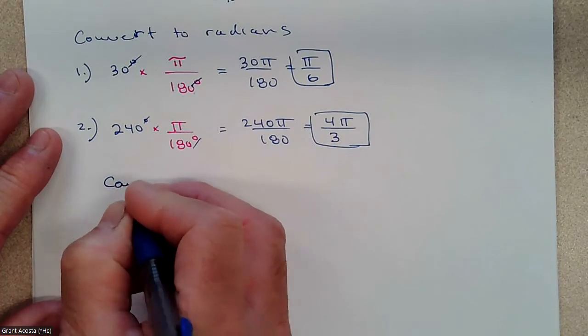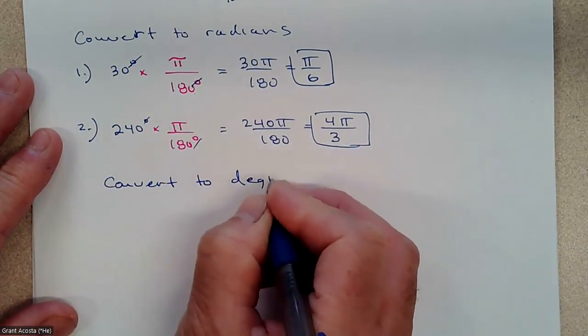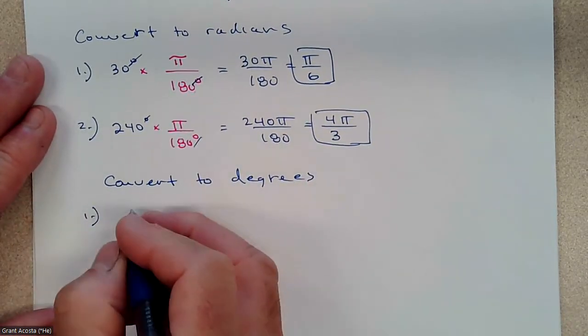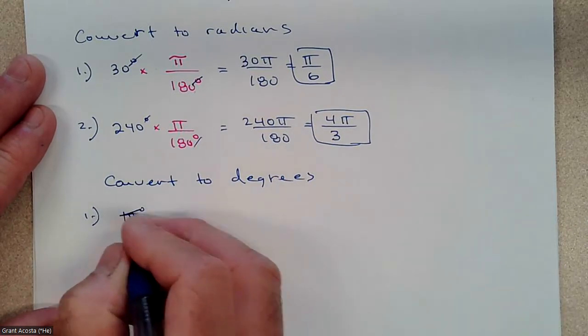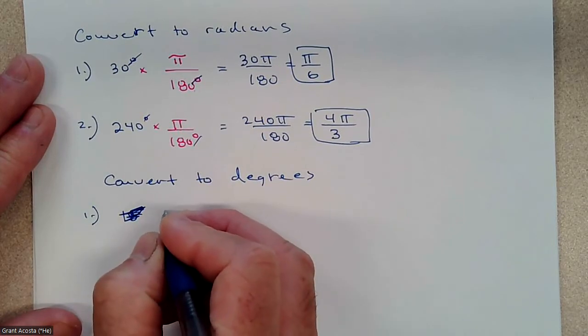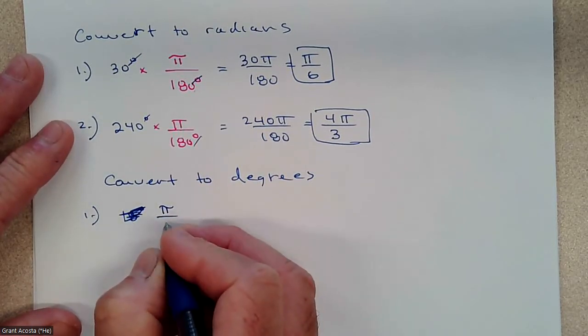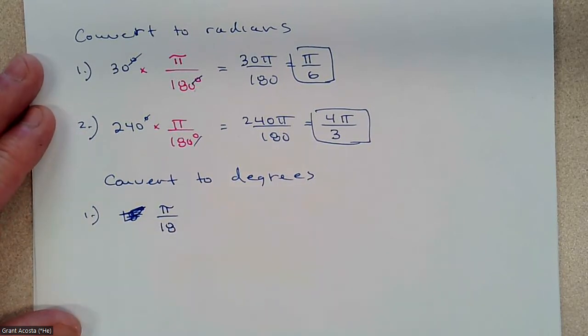What I also should be able to do is the other way around. So say I want to convert to degrees. Let's say I have, how about pi divided by 18? There we go.